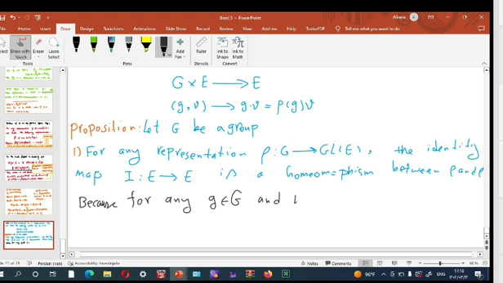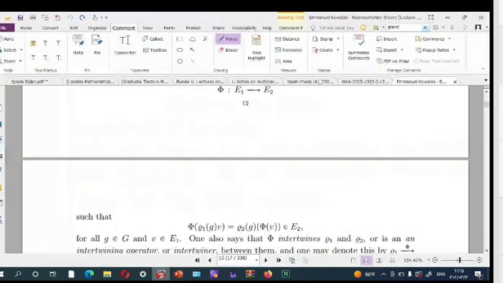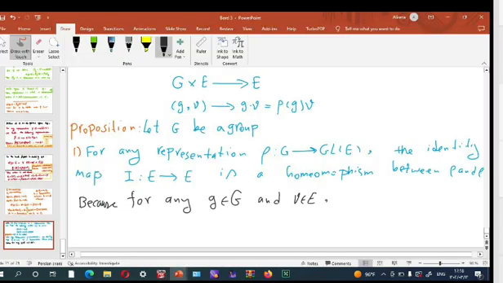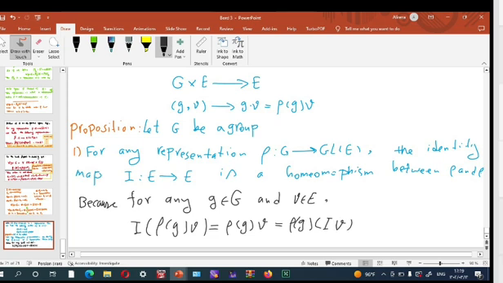For any g in G and v in E, we have identity of rho g of v, equal to, this is the identity map, so this is equal to rho g of v, and this is equal to rho g of I v, because this is the identity map again.